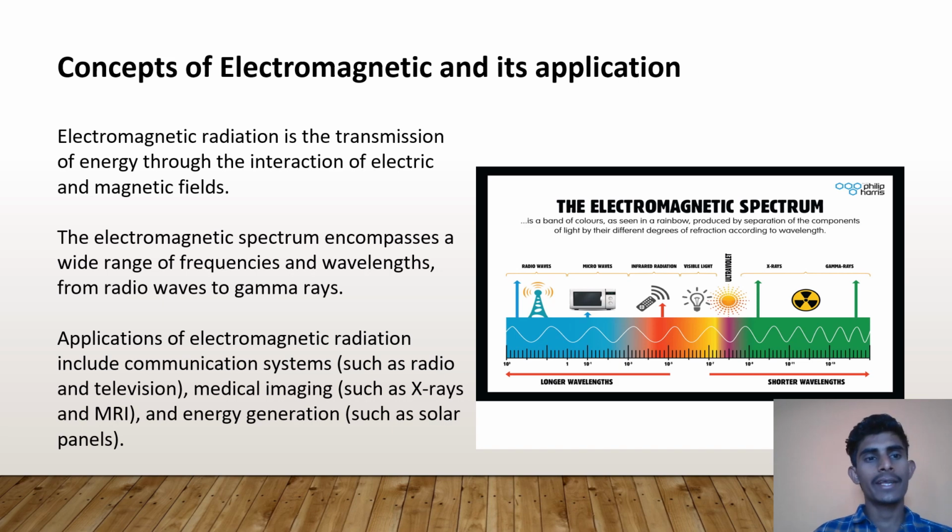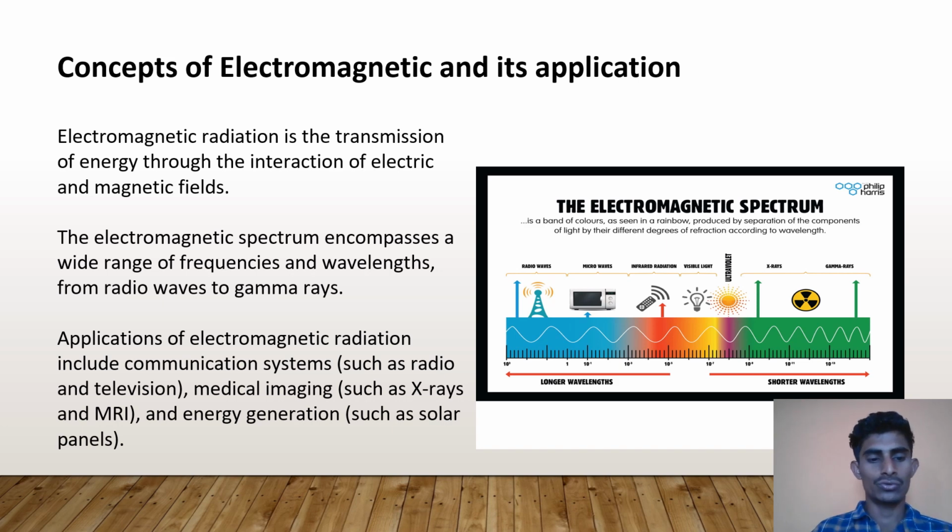Electromagnetic radiation is a transmission of energy through the interaction of electric and magnetic fields. Electromagnetism is a branch of physics that deals with the electromagnetic force that occurs between electric charged particles.